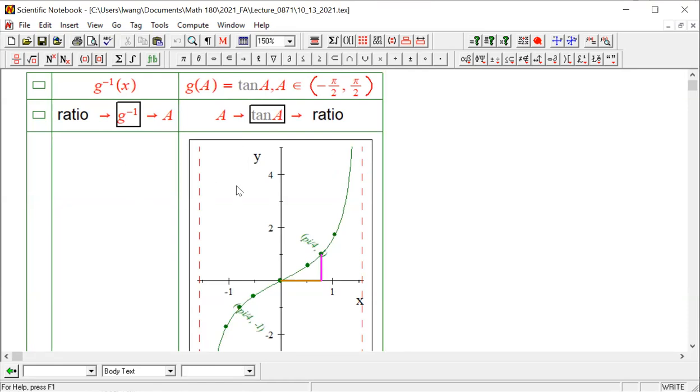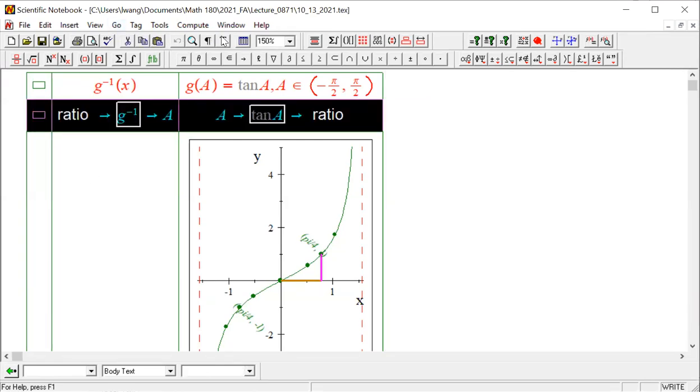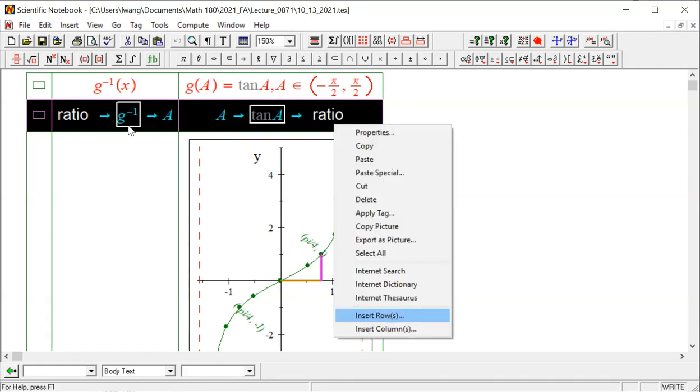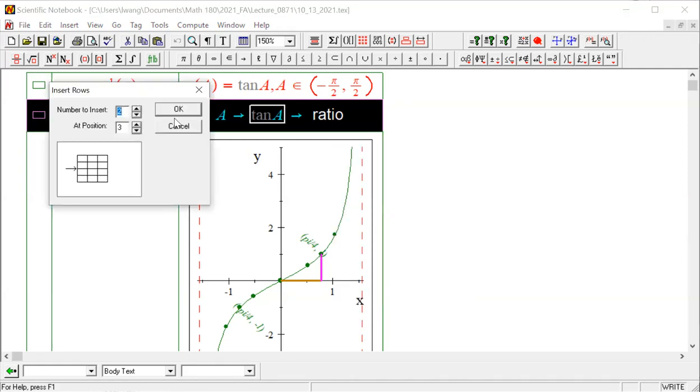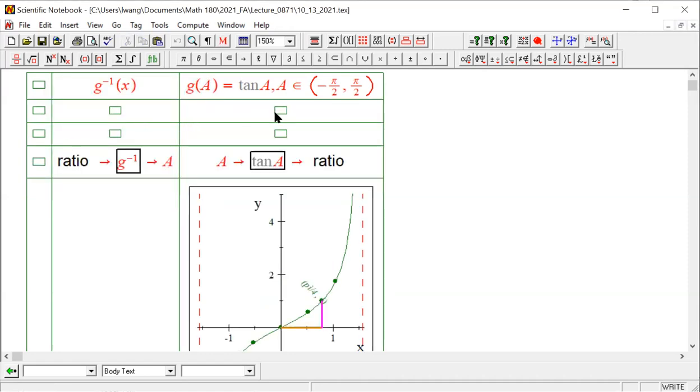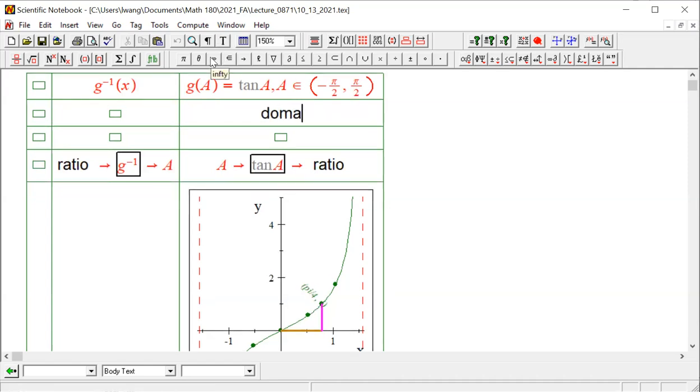And these two functions are inverse to each other. What does that mean? One's domain is the other's range. So what's the domain of g? What's the range?